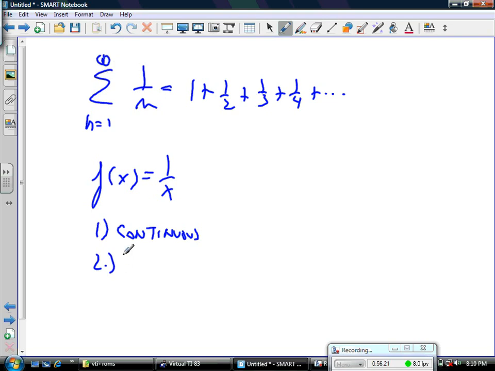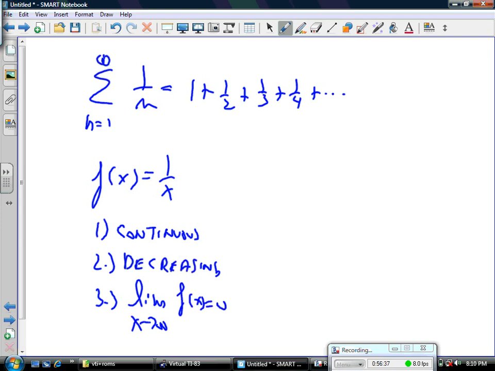Two, this thing has got to be decreasing. In other words, the derivative is negative. And three, the limit as x goes to infinity of the function has to be 0. Now, usually decreasing means that the derivative is negative. There are other ways of doing that, but let me focus on that. F prime is less than 0.